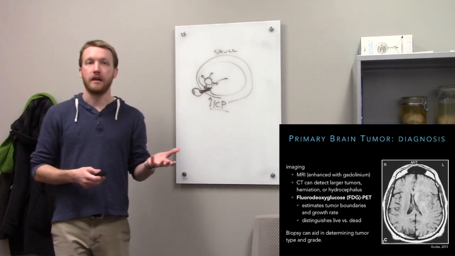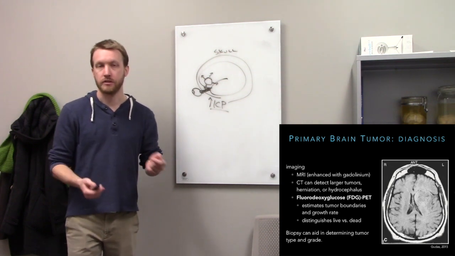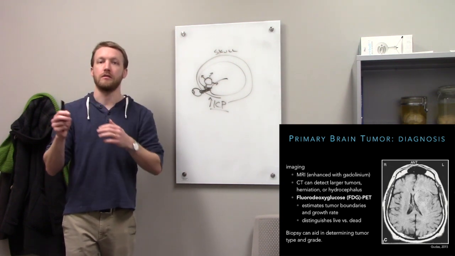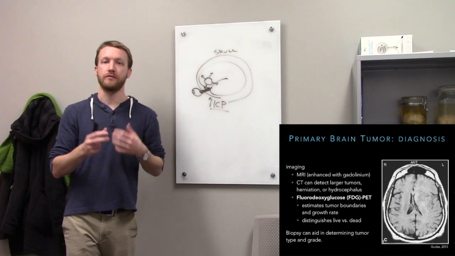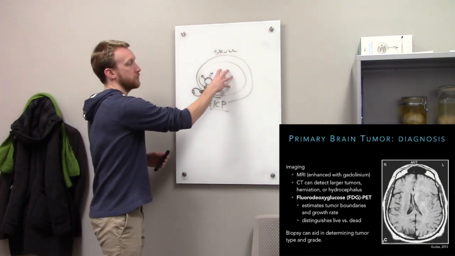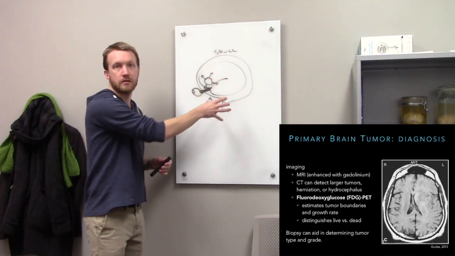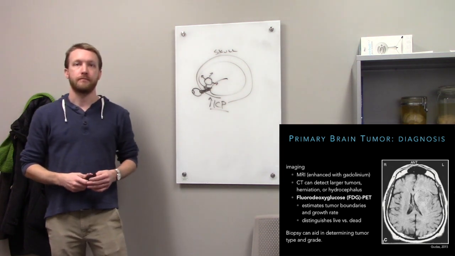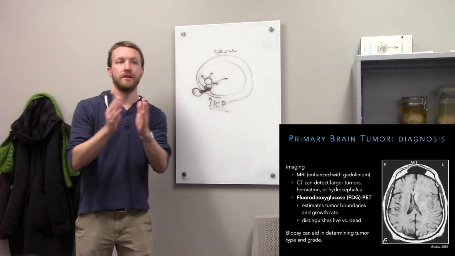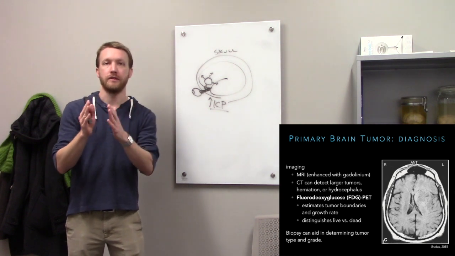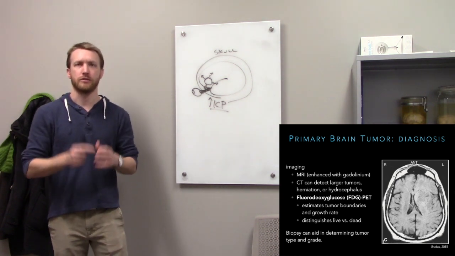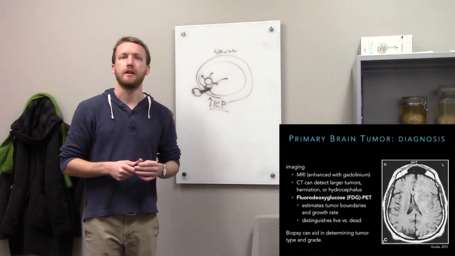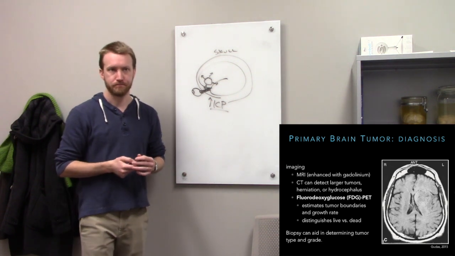But a CT scan can be useful for detecting larger tumors or to see gross herniation of the brain. So if there are massive increases in intracranial pressure, we can still get herniation, just like last lecture, and we can see that here in this image. Right there we can see herniation of the caudate over, so we're squashing the lateral ventricles there.